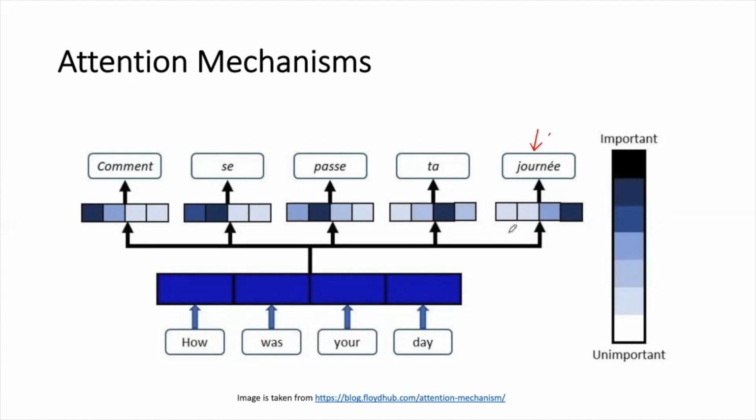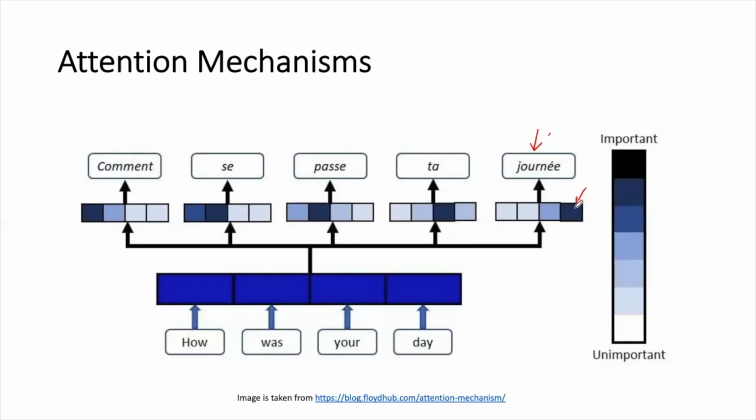The scores need to sum up to 1, so it's like a probability distribution of scores. These scores indicate the importance of the input words. To generate the word journée, which corresponds to the word day in English, we need to pay more attention to the word day. So this weight is supposed to be higher.